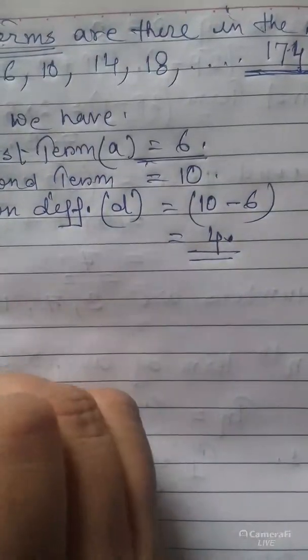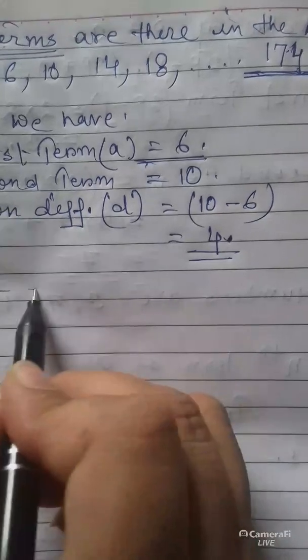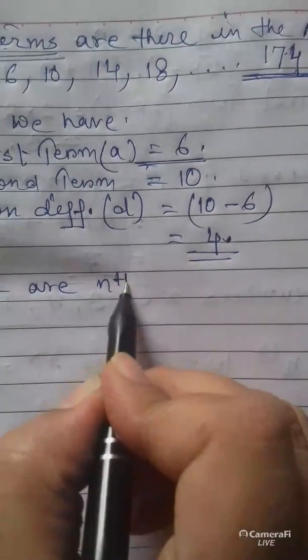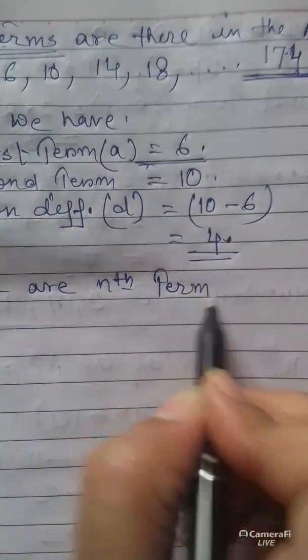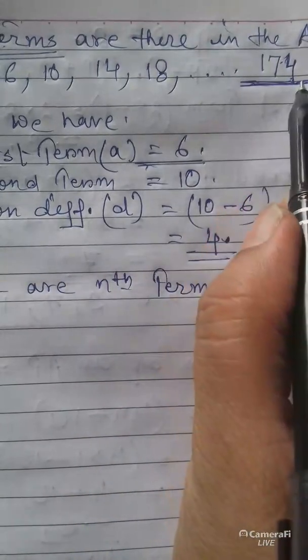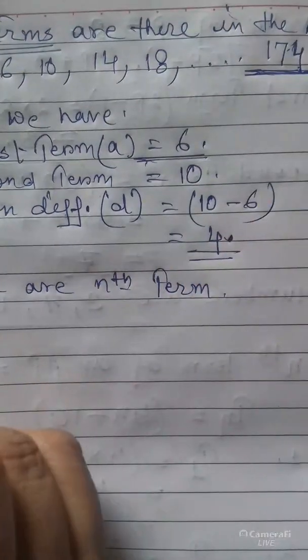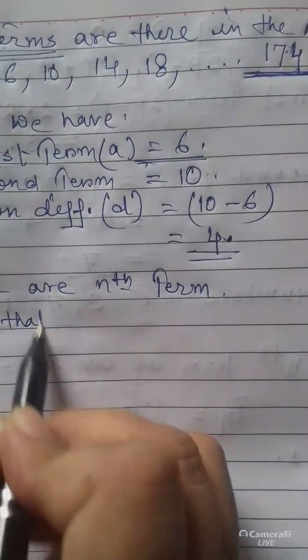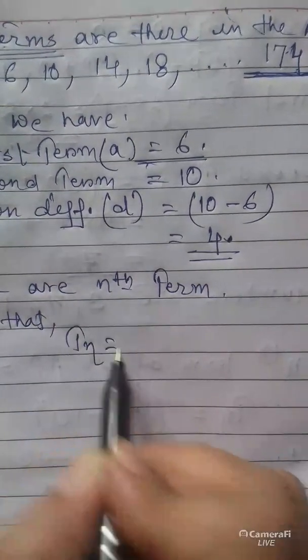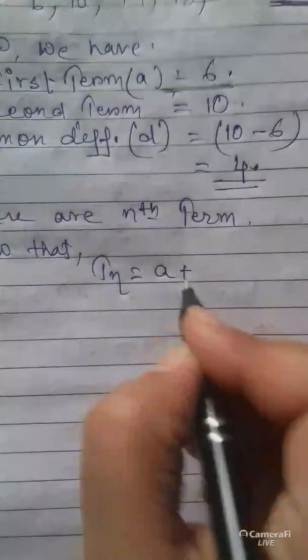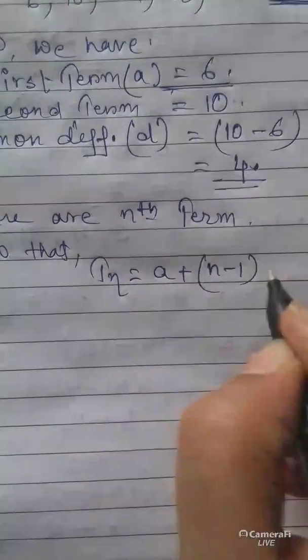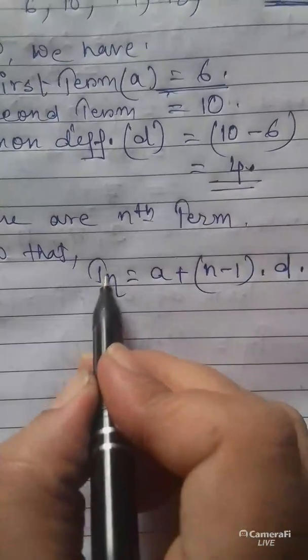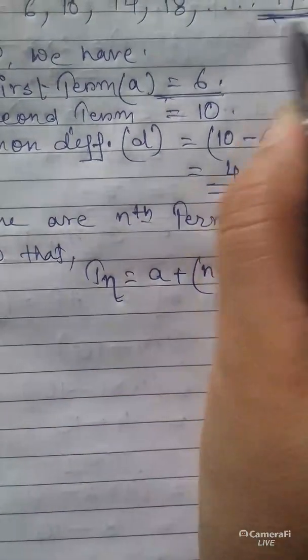Let there be n terms, and the nth term value is 174. So we know that Tn equal to A plus n minus 1 into D. Here Tn equal to 174.